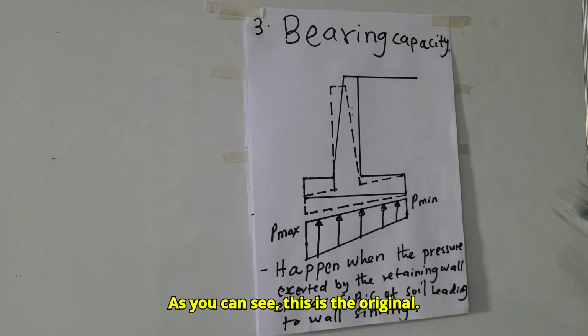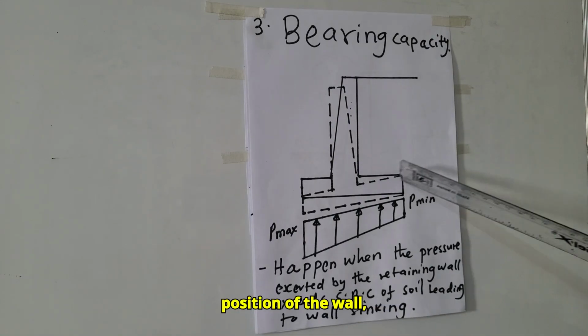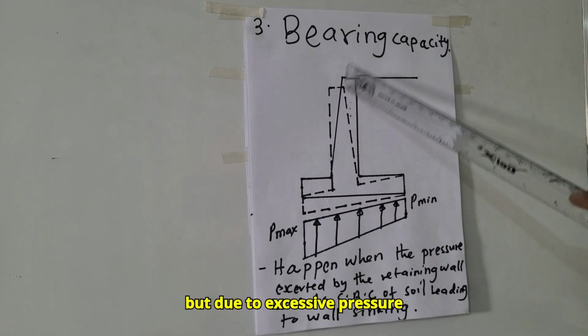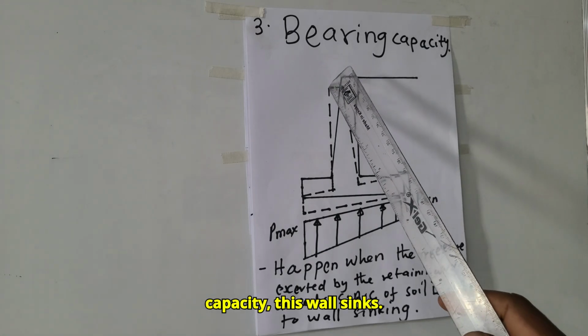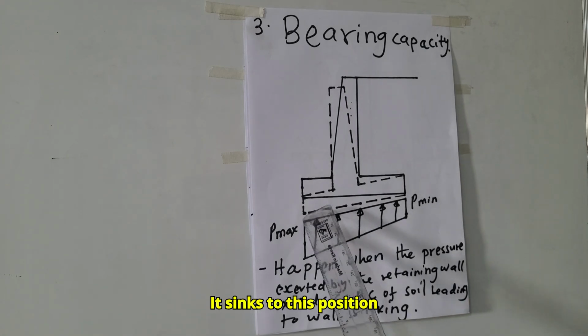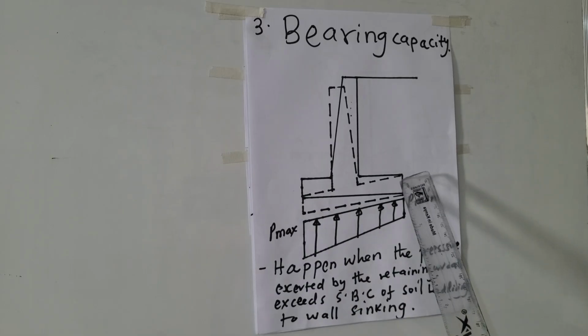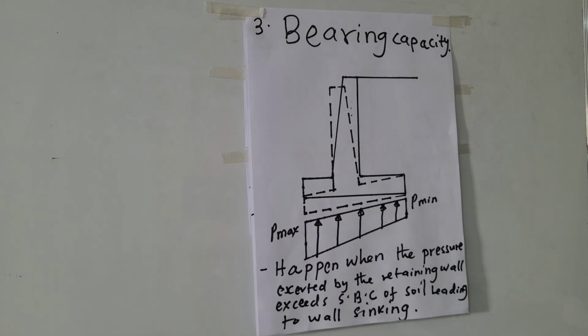As you can see, this is the original position of the wall, but due to excessive pressure which exceeds the soil bearing capacity, this wall sinks to this position. That is all about the failures of a retaining wall, which was part A. I now proceed to part B.